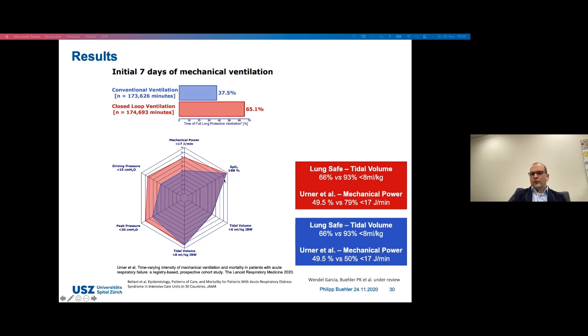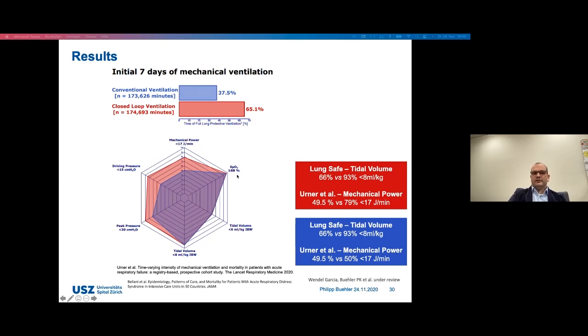Overall, especially in the first week of COVID ARDS, closed loop was associated with 179% more time on lung protective ventilation compared to the conventional ventilation.